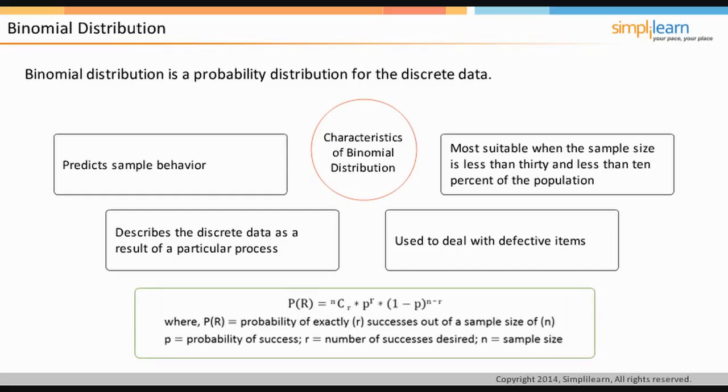The probability of exactly R successes out of a sample size of n is denoted by P of R, which is equal to nCr multiplied by p to the power of r and (1 minus p) to the power of n minus r. In the equation, p is the probability of success, r is the number of successes desired, and n is the sample size. To continue discussing the binomial distribution, let us look at some of its key calculations in the following screen.